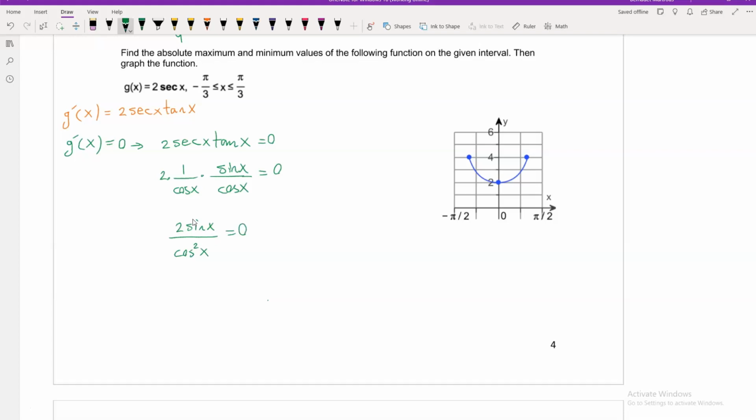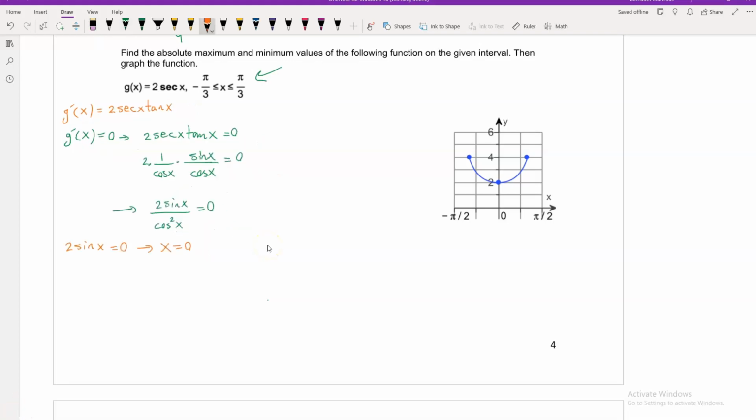So this one equal to 0. To solve, set the numerator equal to 0 and solve for x over this given interval. Based on the numerator, 2 sine x equal to 0, solving for x, x is 0.